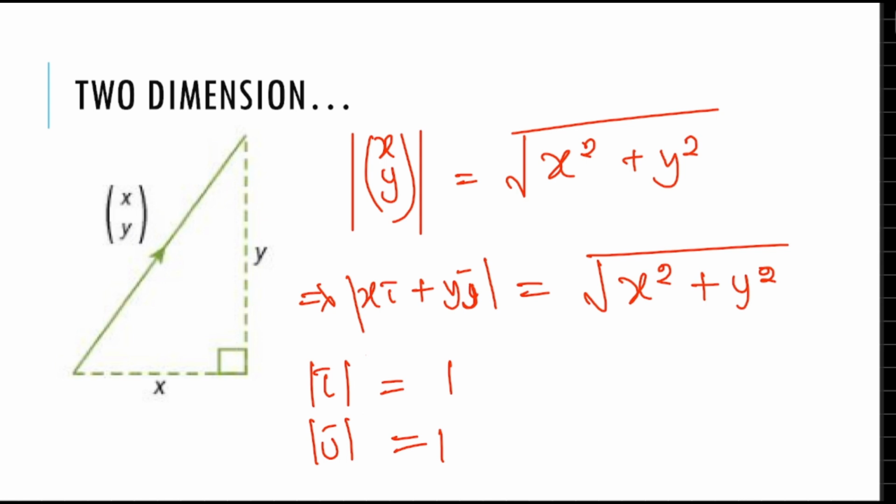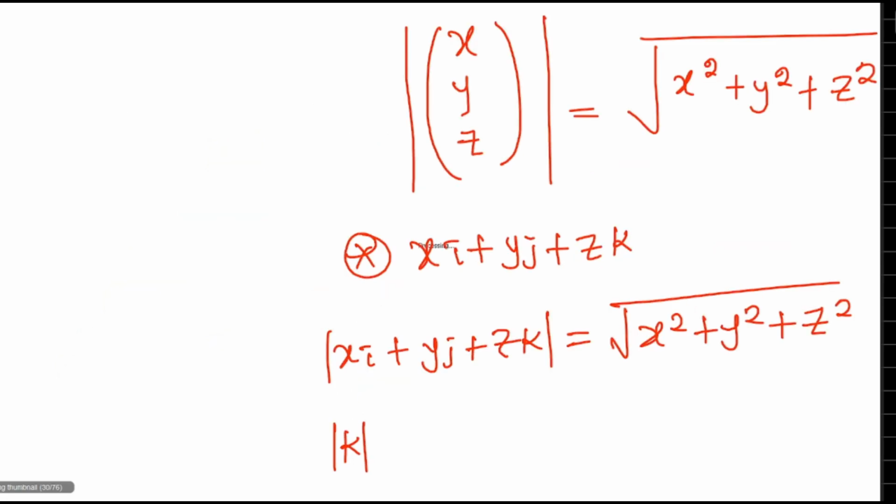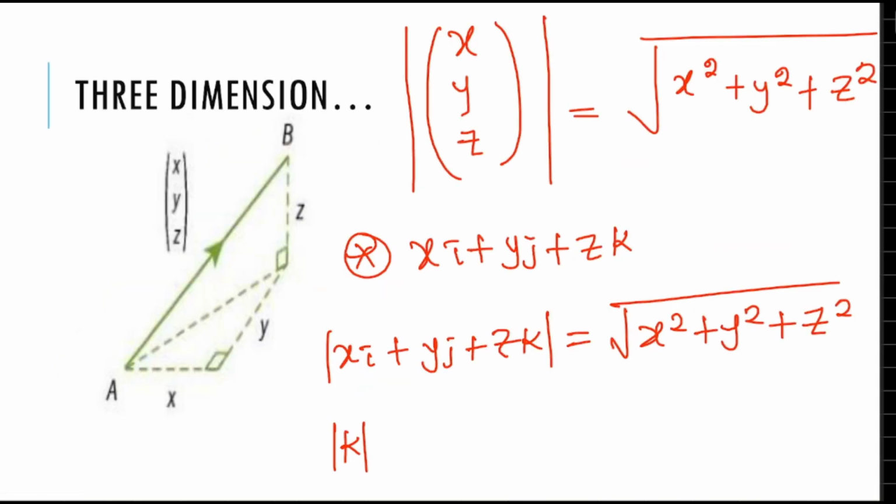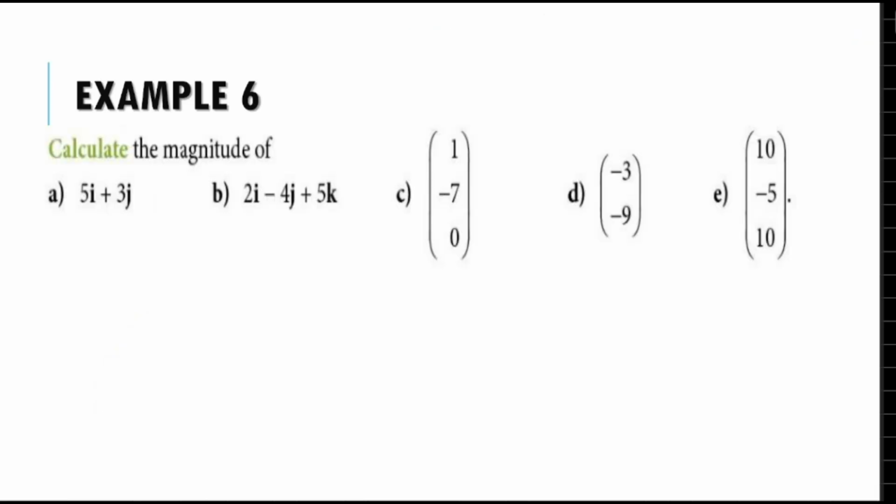All right, so this is the formula for magnitude. You just apply the Pythagoras theorem, take the square root of the sum of the squares of the components. So let's look at the examples. Calculate the magnitude.